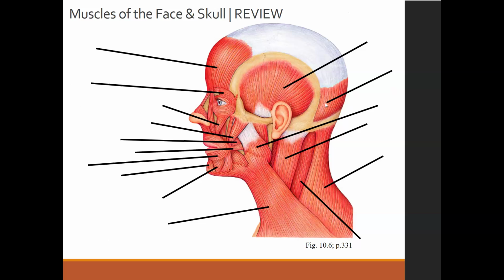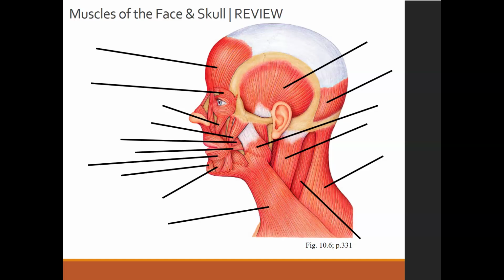So frontalis, temporalis, occipitalis, orbicularis oculi, levator labii superioris, from the cheekbone, zygomaticus, the middle of the cheek, buccinator, on the side of the mouth, risorius, below the mouth, depressor labii inferioris, at the chin is mentalis, around the mouth, orbicularis oris. We did not do these two at the very, very bottom.